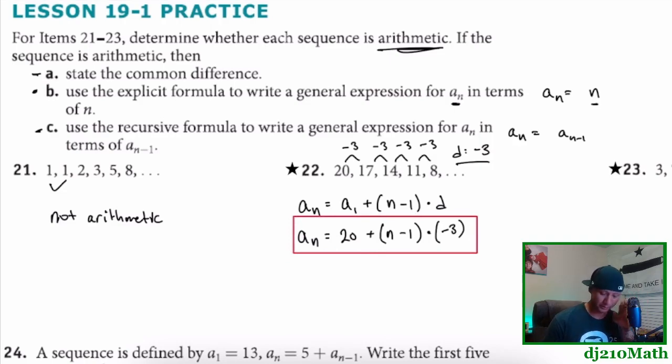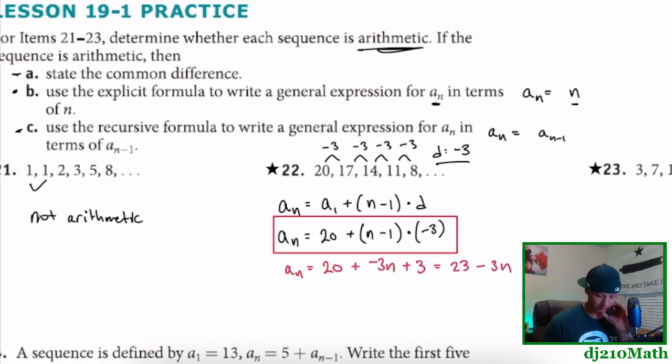Now, if you want to see what it would look like simplified, 20 plus, we would distribute, -3n plus 3, which would be 23 minus 3n.